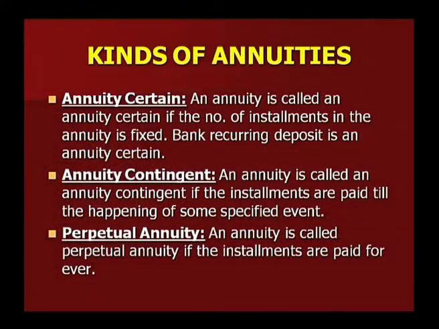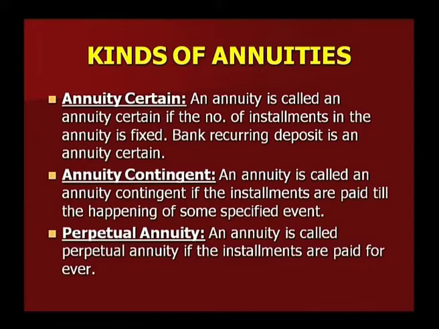Kinds of annuities. Annuity certain. An annuity is called annuity certain if the number of installments in the annuity is fixed. Bank recurring deposit is an annuity certain. Annuity contingent. An annuity is called annuity contingent if the installments are paid till the happening of some specified event.